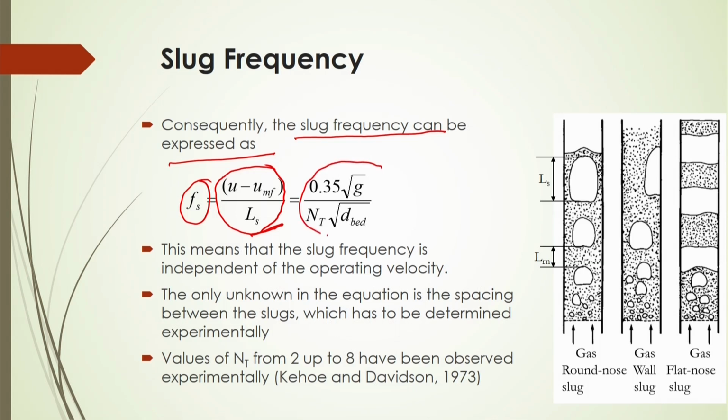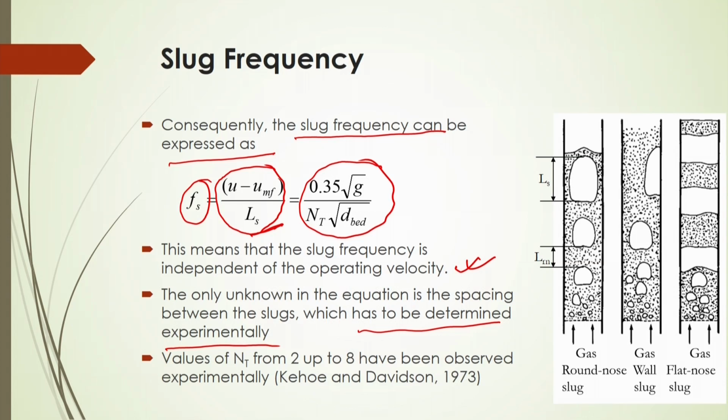So, that can be calculated from this relation. This means that the slug frequency is independent of the operating velocity here, a very interesting point. And also the only unknown in the equation is the spacing between the slugs, which has to be determined experimentally to know how many slugs will be formed.